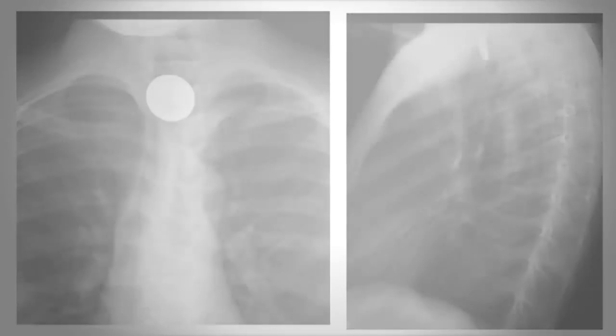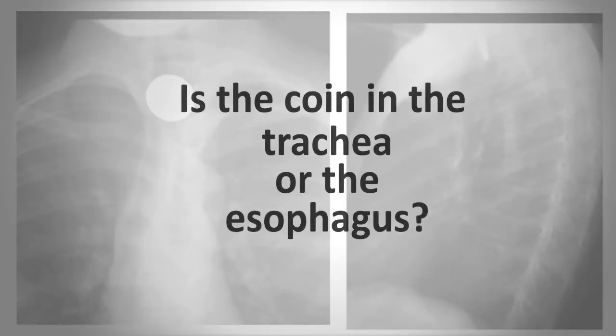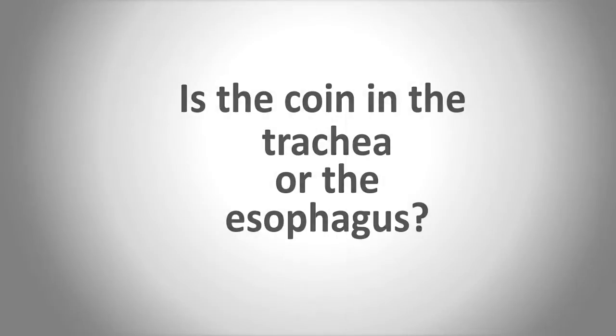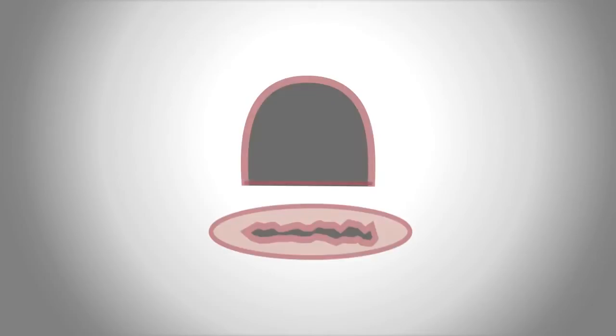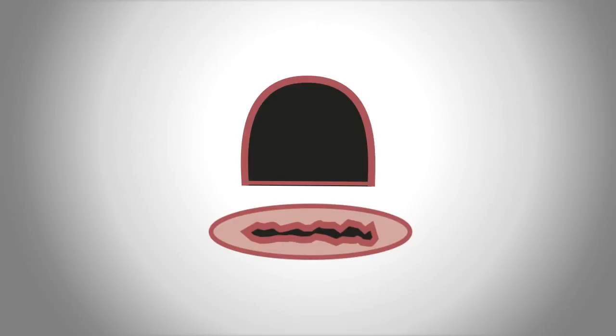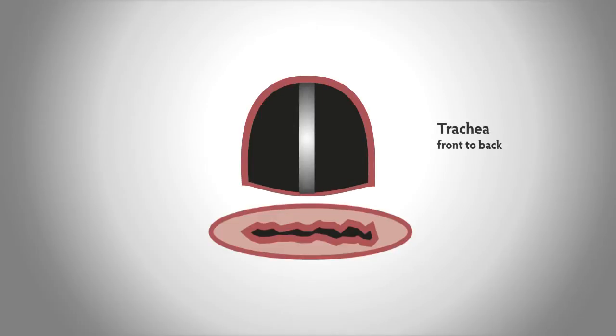But is this coin in the trachea or in the esophagus? The location of the coin may also be determined just by looking at its orientation. If we examine a cross-section of the upper mediastinum, we can see that a coin that is in the trachea is going to be oriented from front to back, while a coin in the esophagus is going to be oriented from side to side.